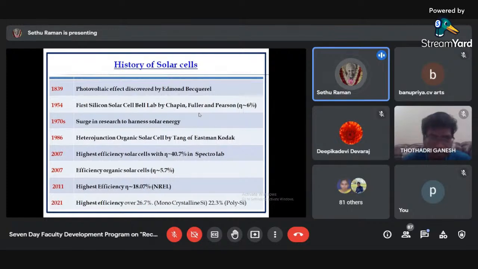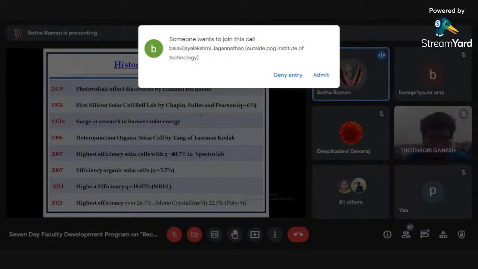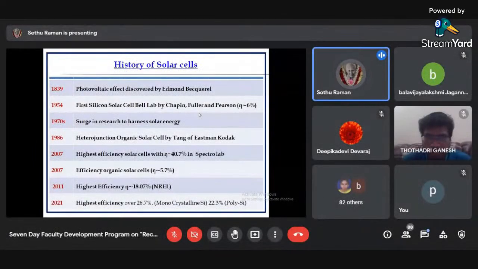In 1986, the heterojunction organic-based solar cell was fabricated by Professor Tang et al. from the Eastman Kodak Company, USA, where they used completely organic molecules as the major layer for solar power conversion.